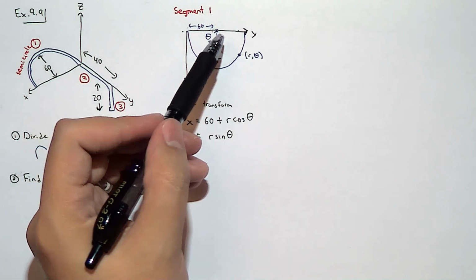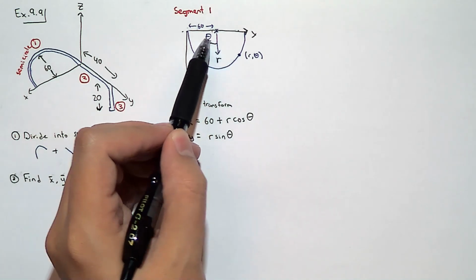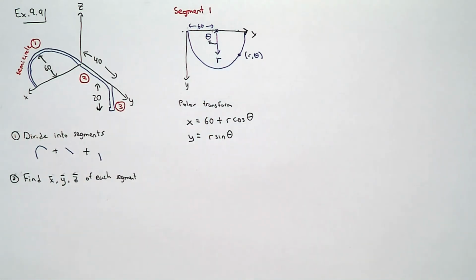But in this case, if we're measuring theta in this direction, what am I missing here? Minus 30. Exactly, right? r sine of minus theta. Just as a general rule, you know that sine of minus theta equals negative sine theta. So just for simplicity, I'll write it as negative r sine theta. It's the same thing. r sine minus theta or negative r sine theta, they're both the same thing. So that is all I need to do.